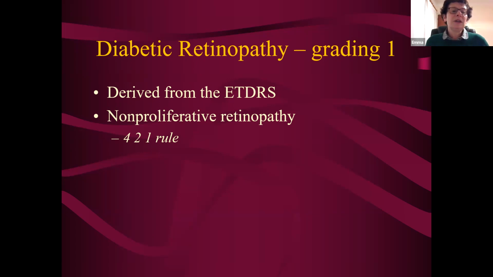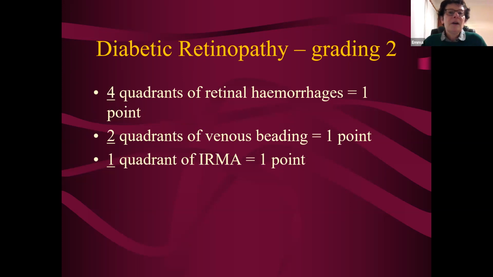Non-proliferative diabetic retinopathy, you'll sometimes hear us calling it NPDR, because we're a bit too lazy to say the whole thing. We follow the 4-2-1 rule when we grade. So 4 quadrants of retinal hemorrhages gives you a point. 2 quadrants of venous beading, that string of sausages, gives you a point.